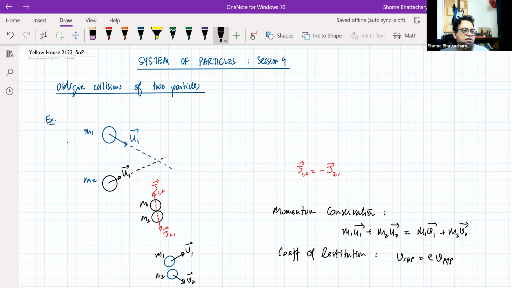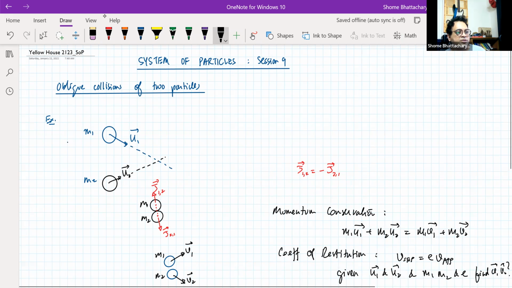So these equations are used for solving. Okay, so given u1 and u2 as two vectors, and of course m1, m2 and coefficient of restitution, we can find out the unknown vectors v1 and v2 using this general procedure. So let's understand with examples.